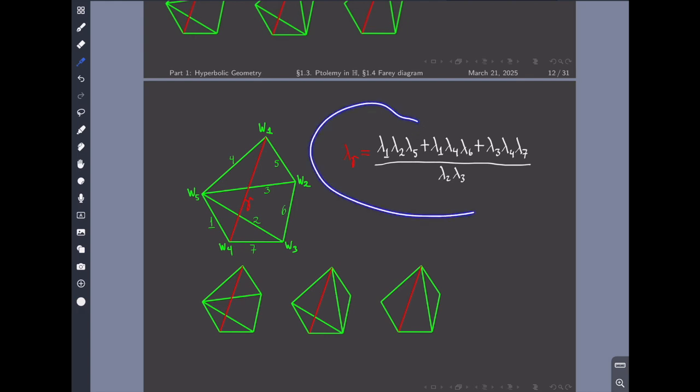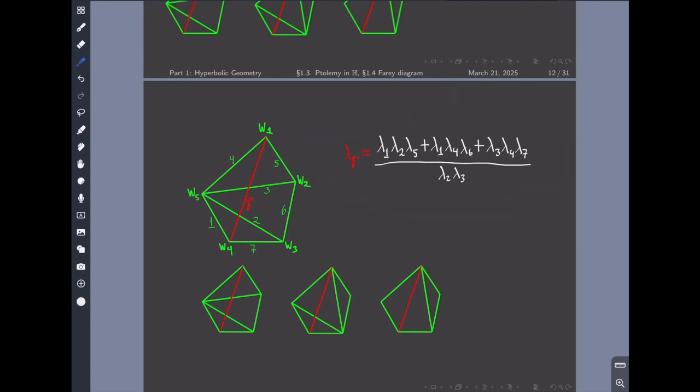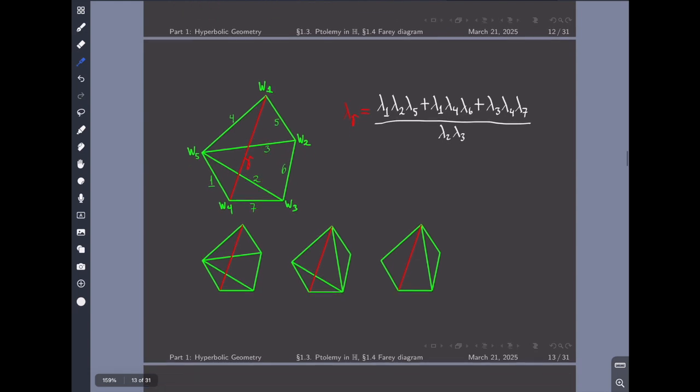This is an equality between functions defined on the decorated Teichmüller space. Where do they live? They live inside the ring of all real valued functions defined on decorated Teichmüller space.